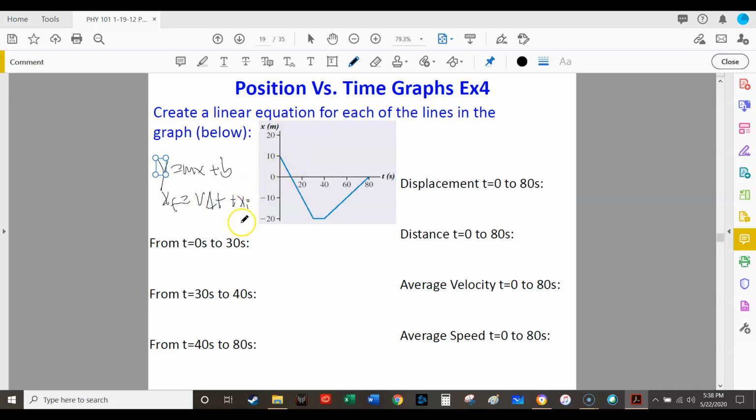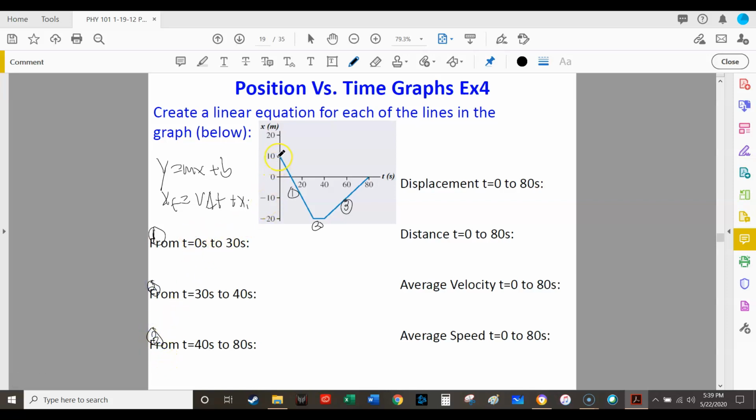Okay, well, as far as lines, we're going to have a first line, this is line number 1, this is line number 2, and this is line number 3. Here we go.